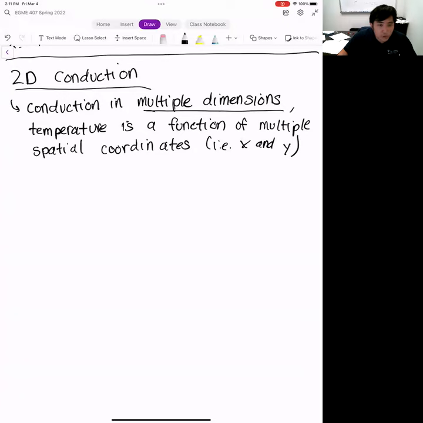Okay, and so the motivation behind this was that the heat equation that we normally solve is actually a multidimensional heat equation, right? And so the one that I showed you, that we've seen before in class, has only been the one-dimensional version. But if you write out the entire heat equation, it would look something like this.